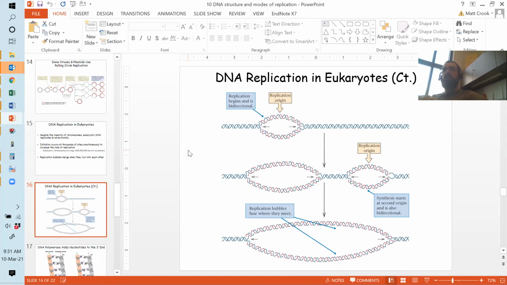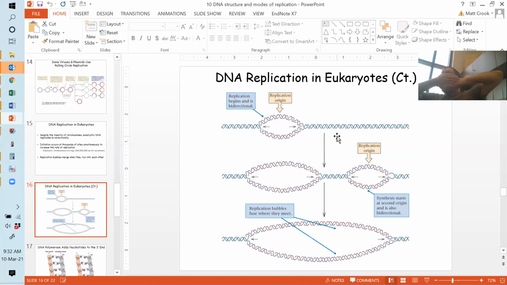And so in eukaryotes, what we have are these multiple replication bubbles, right? So we have a replication origin, and you can have hundreds of these, potentially, all dotted along the chromosome. They'll also be characterized by a high percentage of A's and T's, right?